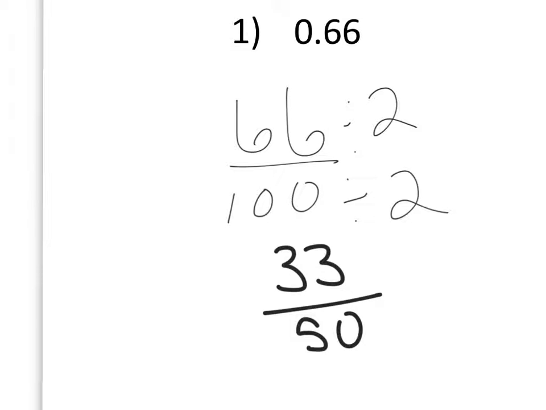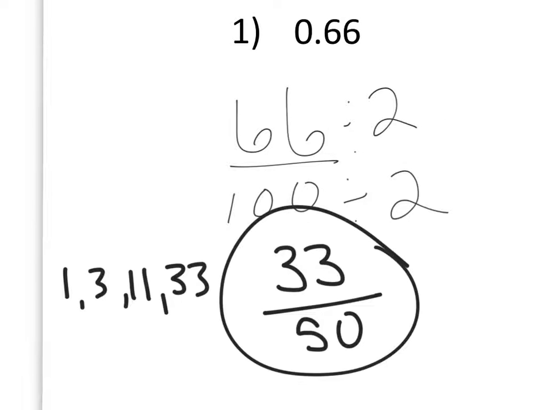When I think about what numbers will divide into 33, all I can come up with is 1, 33, 3, and 11. And I know 1 is the only number that's going to go into 50, so this is my final answer. Again, simplest form. Once I get it to that point, whatever point that is, that's where I stop.